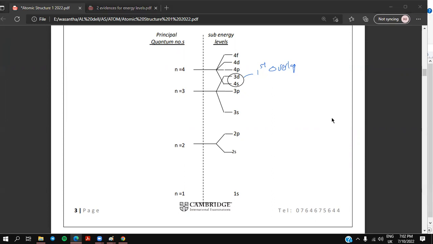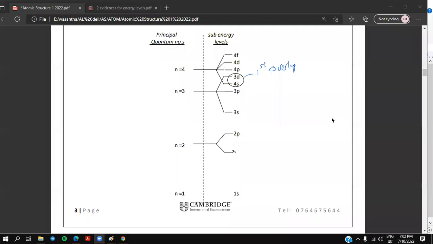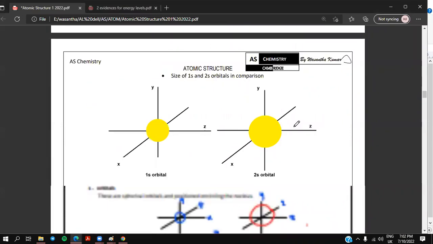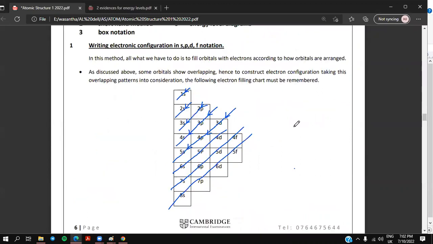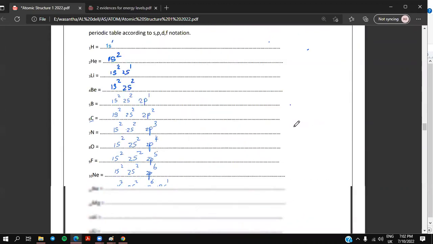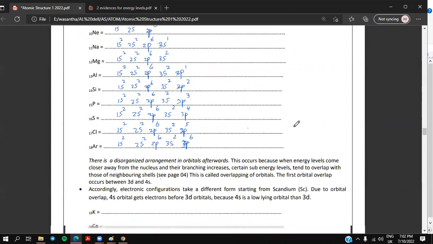Remember, the electron filling chart we discussed. With the help of it, we can overcome this difficulty. Where's the electron filling chart? Yes, this one. All right, now come to our next part of the lesson.